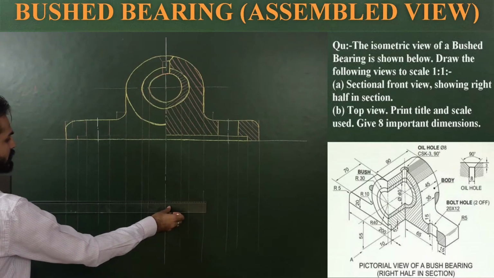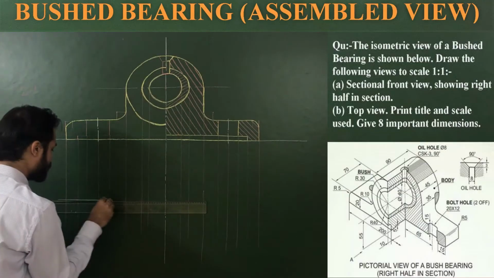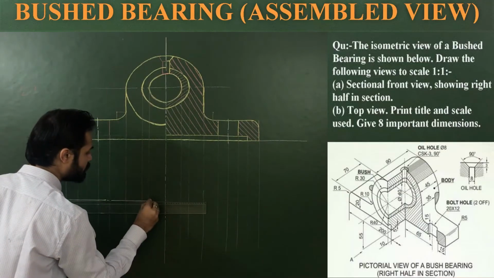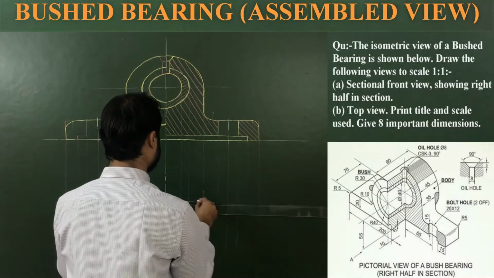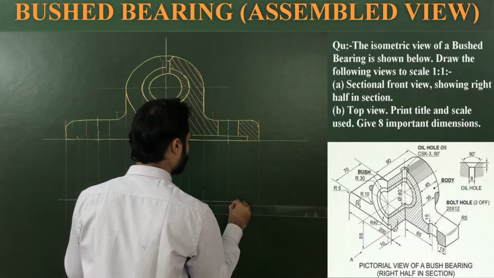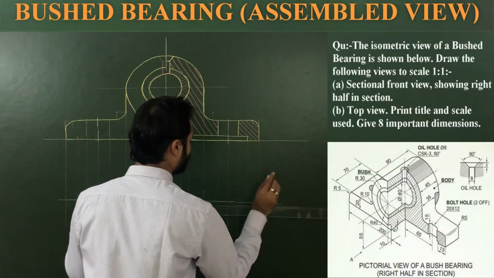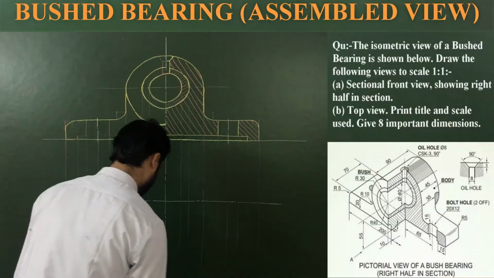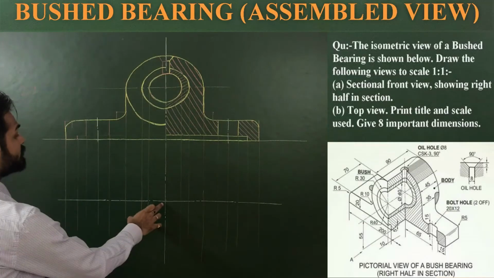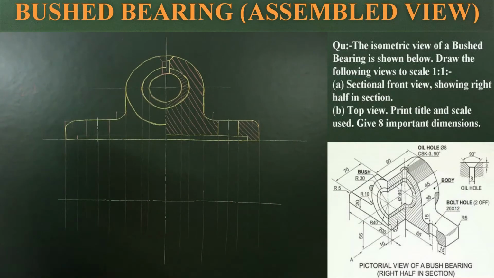Now from this point draw its axis parallel to XY. Right, now this is the central axis of the bearing. Now we have to project its top view.